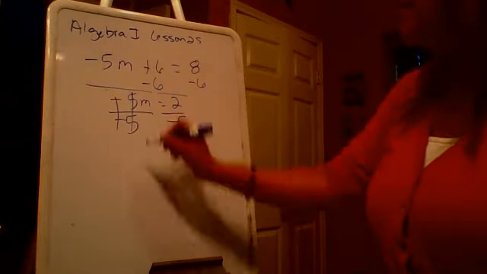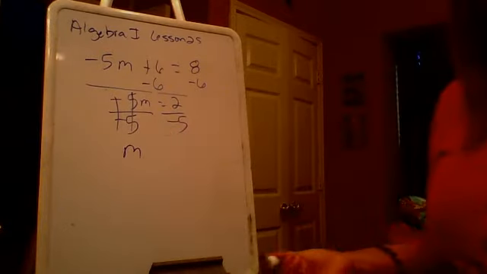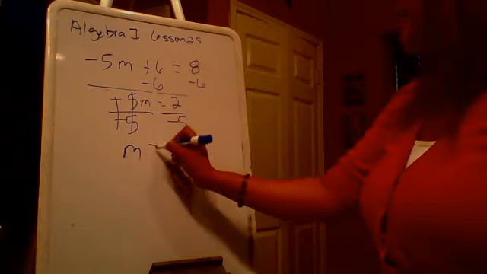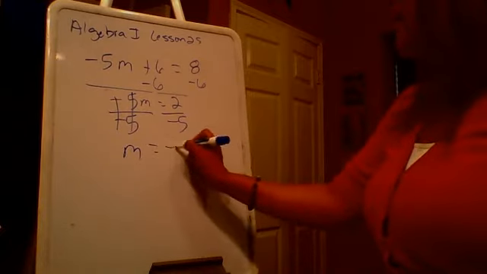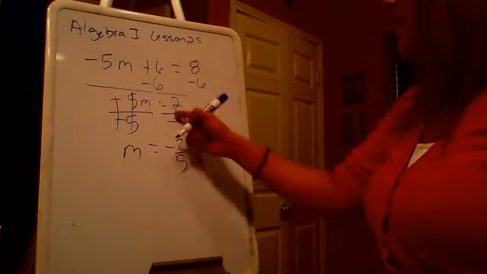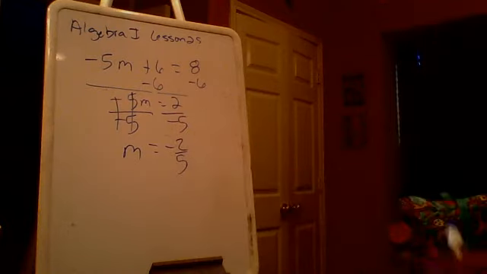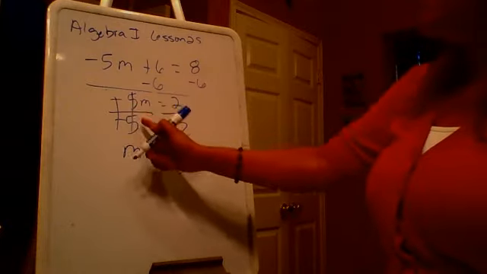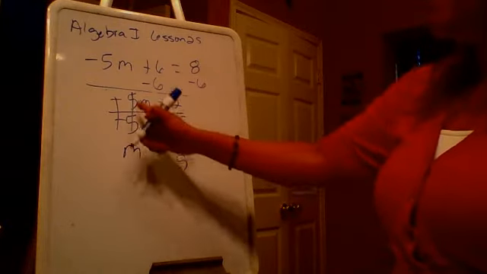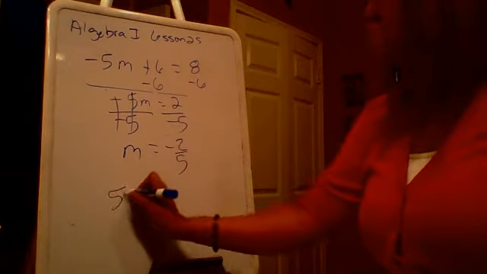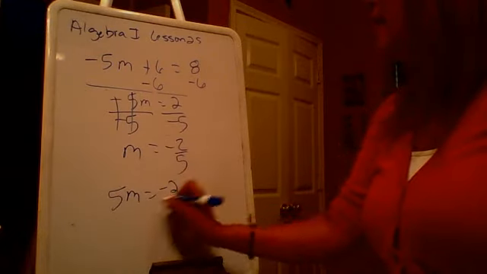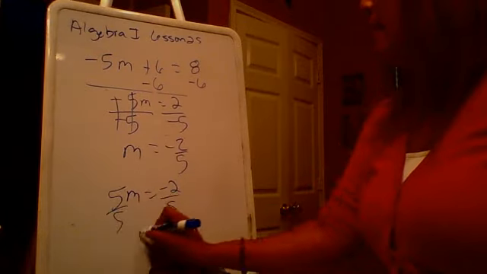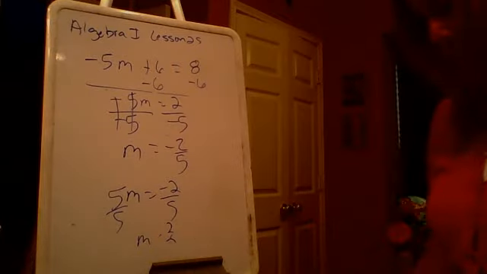So a negative divided by negative is a positive, and then a positive divided by negative gives a negative answer. This is where some of the confusion and errors come in. So it might be easier to multiply both sides by negative 1 first. That becomes a positive 5m, and this becomes a negative 2. Then it's simply dividing by that number, and you get negative 2 over 5.